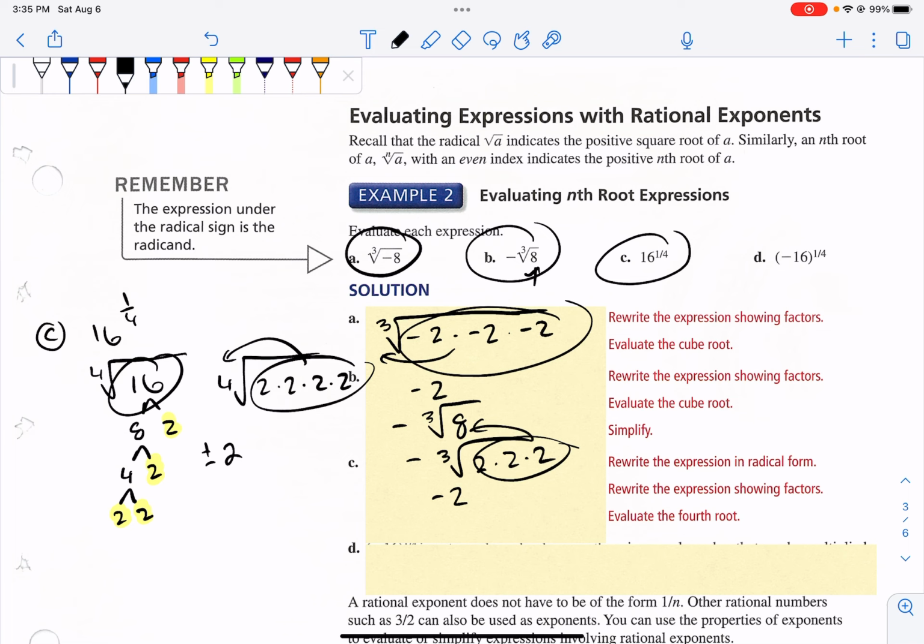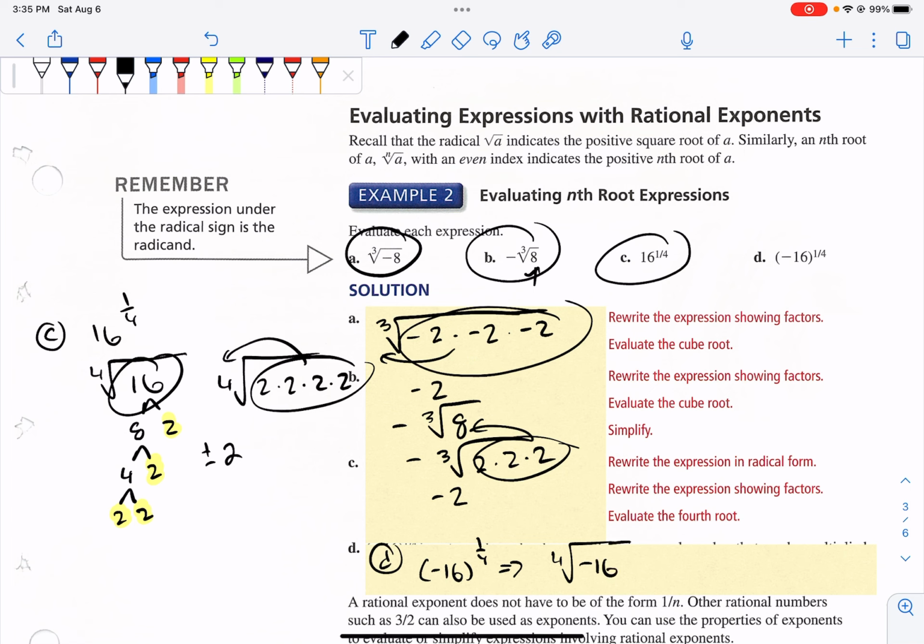All right, so let's see. Part D. Part D says -16 to the 1/4. So -16 to the 1/4 can be rewritten as the 4th root of -16.